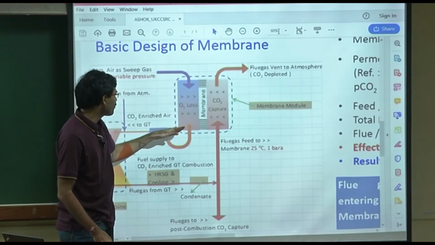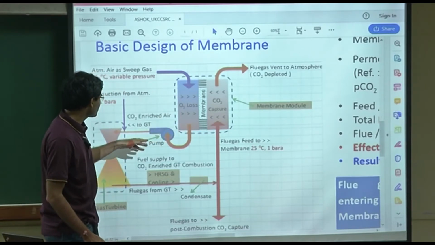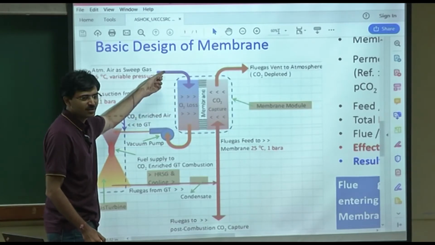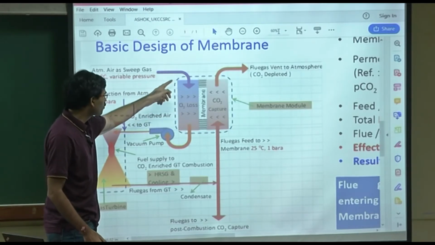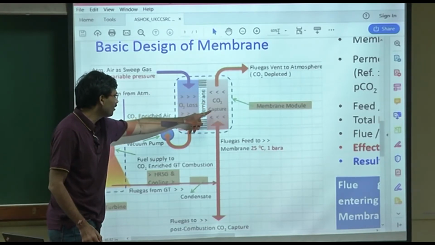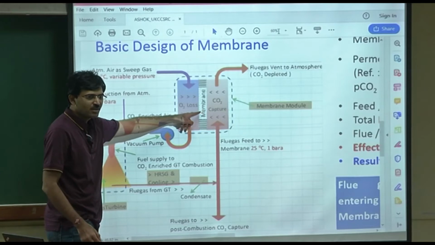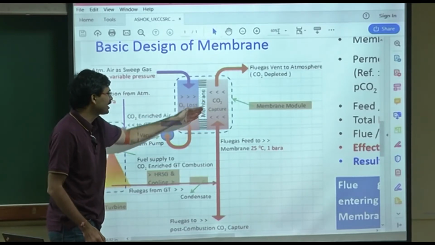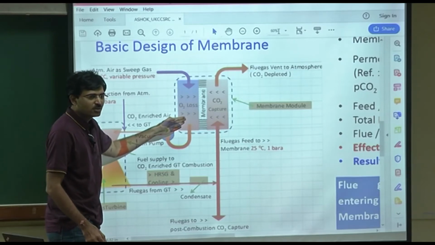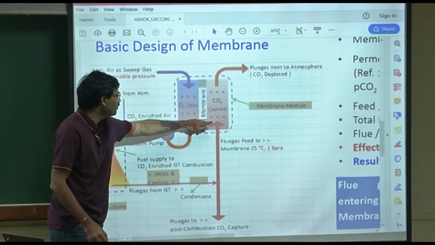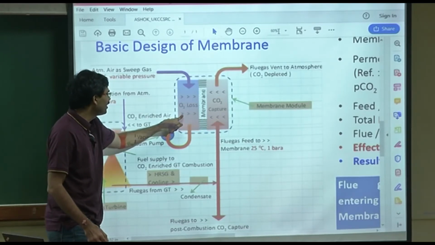More things happen. This air comes with 21% oxygen, but due to less oxygen available on the carbon dioxide side, part of the oxygen is lost to that side. So while the carbon dioxide transfers from this side to that side, at the same time part of the oxygen is also lost.